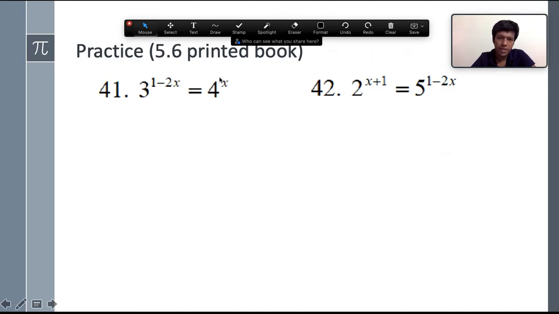So one example is here, where we can apply the rules that we have seen so far. 3 to the power 1 minus twice x equals 4 to the power x. How can we solve it? So the rule is, if you have something here and here, and you do not have a way to solve it, you do not know what to do, then one of the ways is to take log on both sides.